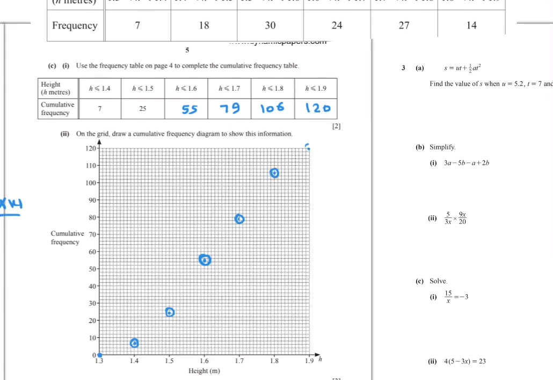So this is the last point. Now join them with a smooth curve.